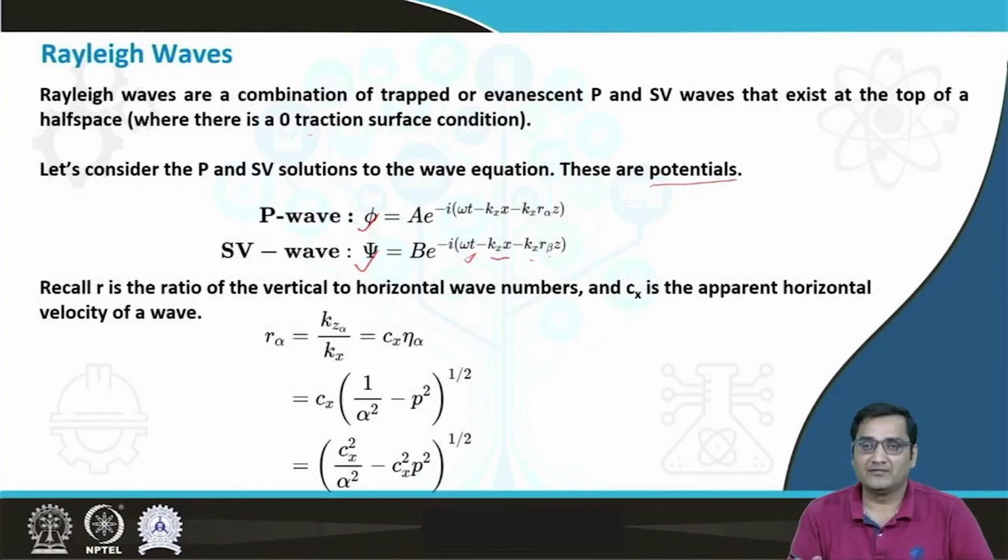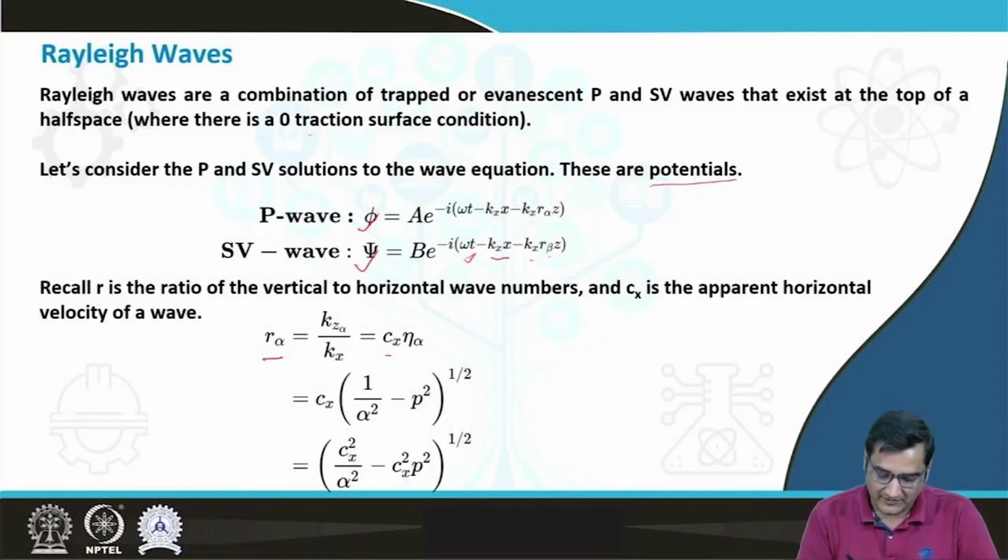We have seen in the previous lecture that r alpha is equal to the vertical wave number divided by the horizontal wave number, or the ratio of vertical to horizontal wave number. If cx is the apparent horizontal velocity of the wave, then we can write this as cx eta alpha, where eta is the vertical component of the slowness.